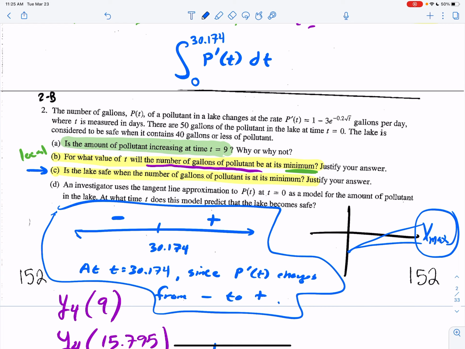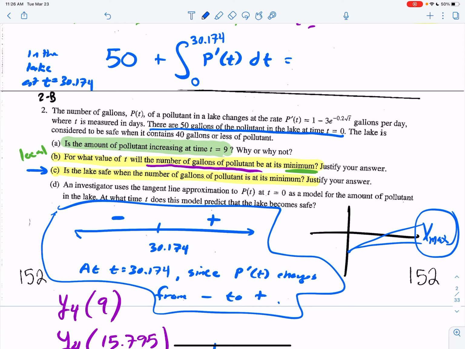But we also have to consider how much we started out with. There were 50 gallons of pollutant at the beginning. So this represents the amount of pollutant in the lake at t equals 30.174. Go ahead and compute that.